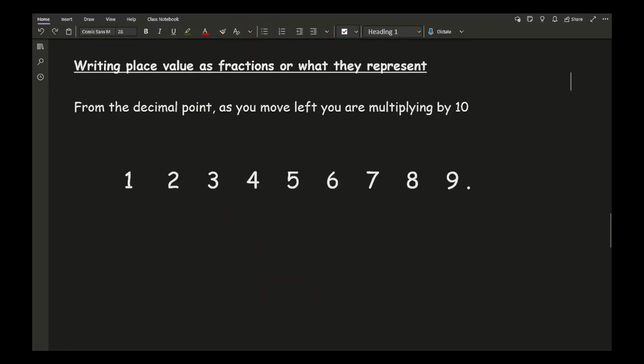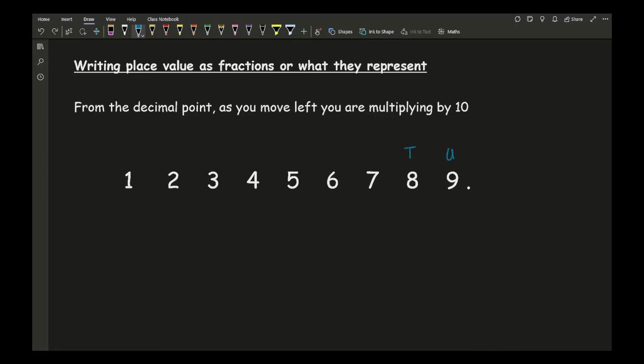Now another thing you might get asked is to write place value as a fraction or what they represent. Sometimes this may be in words, or sometimes in the form of writing figures. The key thing to remember is that when you are working from the left of the decimal point, you're generally dealing with whole numbers. So for example, the first digit before the decimal point, on the left, is going to be units.